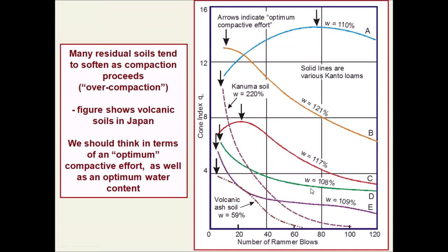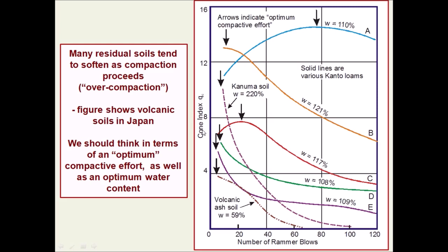This is a nice bit of work some Japanese researchers did quite a long time ago. They've taken a range of volcanic ash soils or volcanic soils from Japan, and they've done tests with different numbers of Raman blows. They're all separate points from which they've extracted this information, and you'll see. And they've just got a penetrometer to measure the strength.